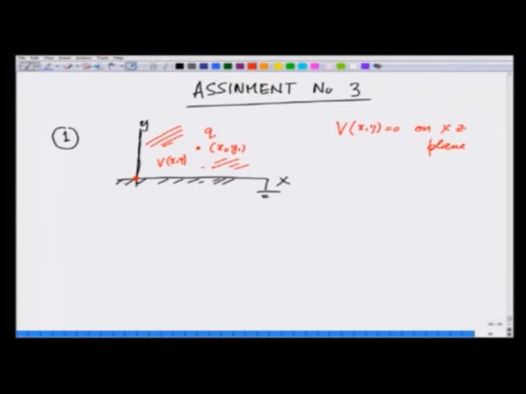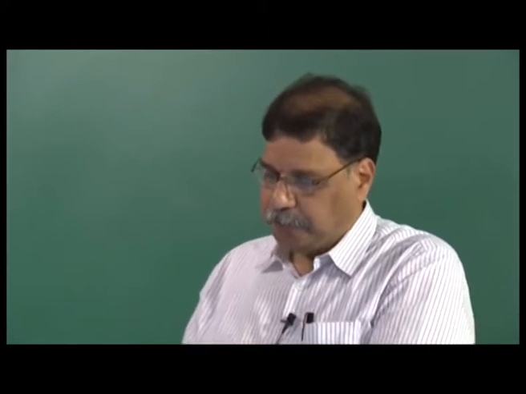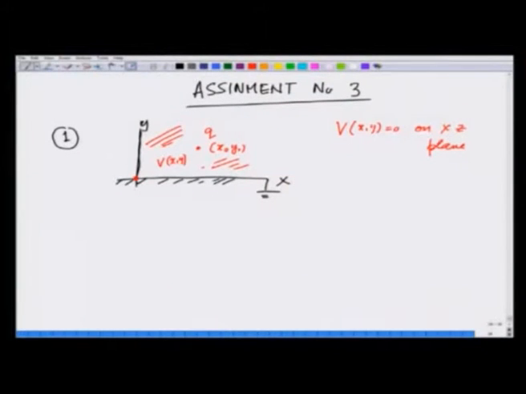So, if I want to make the potential 0 on this x z plane, then I should be putting a minus q charge. Let me make it slightly different color. So, there is a darker minus q charge at the position x naught and minus y naught. This makes potential 0 all over the x z plane.